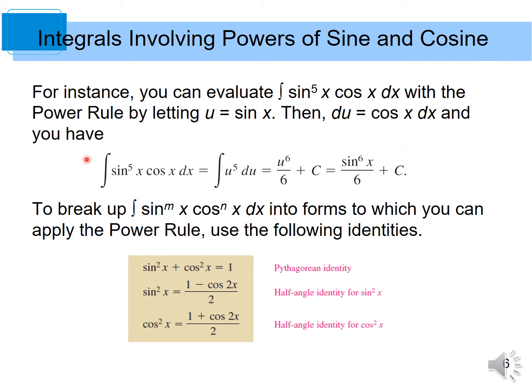So the integral of sine to the 5 of x cos x dx is equal to the integral of u to the 5 with respect to u. We use the power rule, and we have u to the 6 over 6 plus c. Changing back u, we have sine to the 6 of x over 6 plus c.